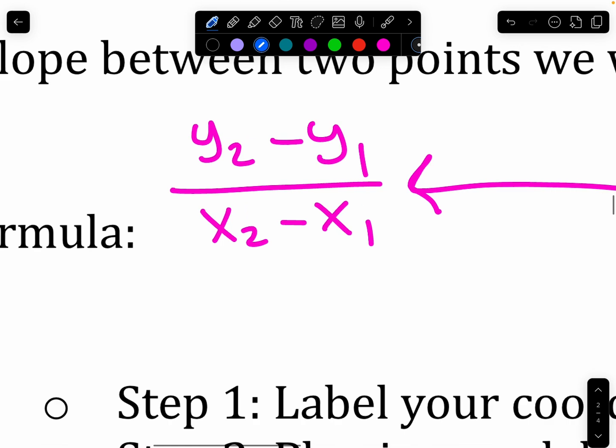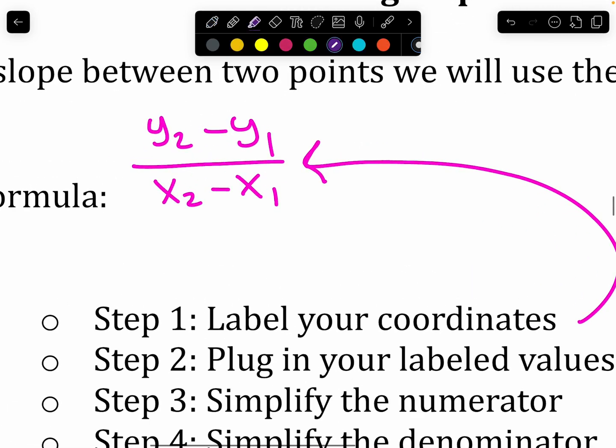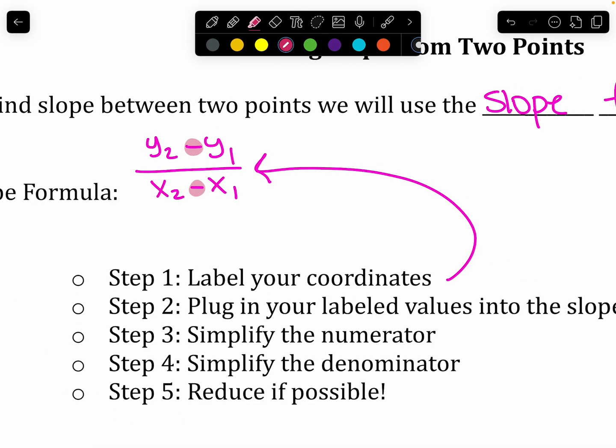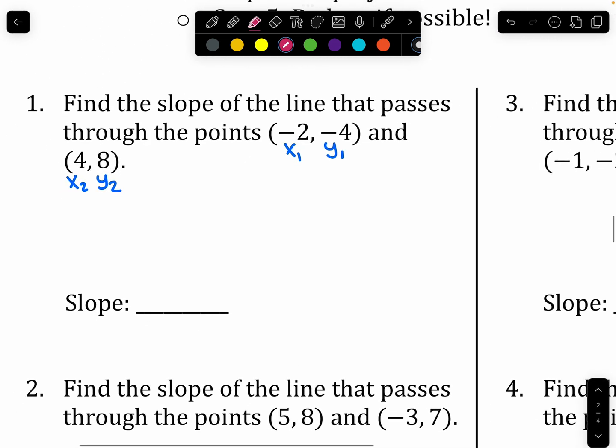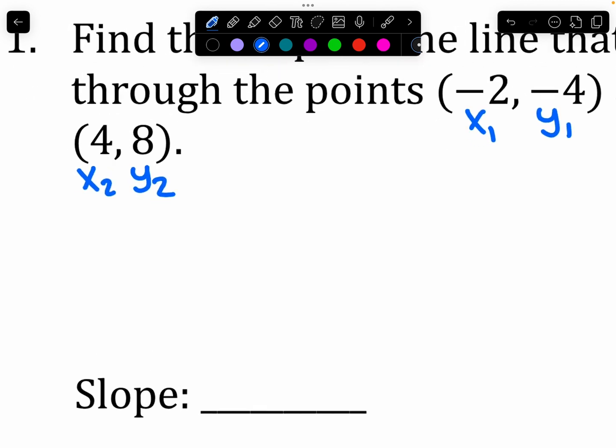And then I have to plug all 4 of those numbers into this pink formula up here. So wherever y2 is, that's the first thing that I've got. I'm going to plug that in first, and then I'm going to subtract the y1 value. Before I do that, though, I do want to point something out. Your slope formula has these minus signs here. So no matter what, you must have a number minus another number, okay?